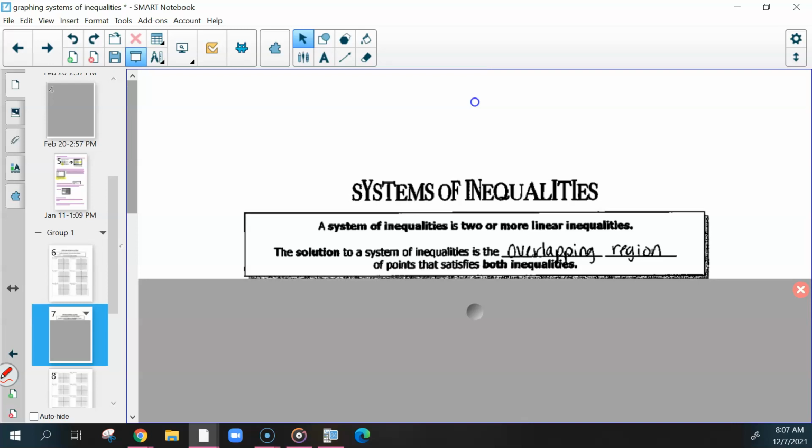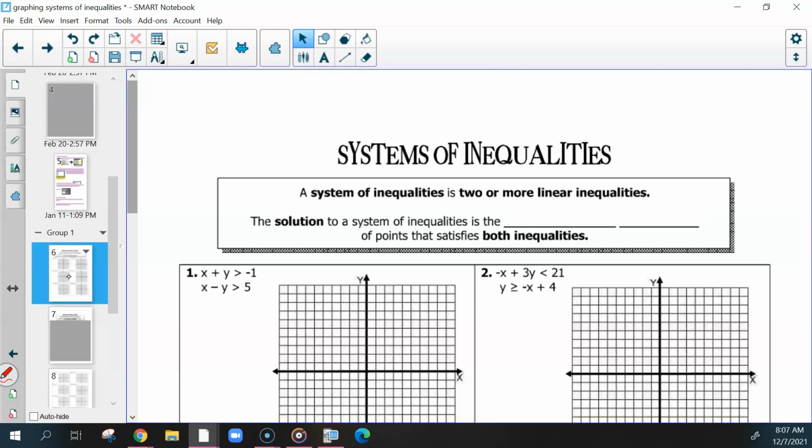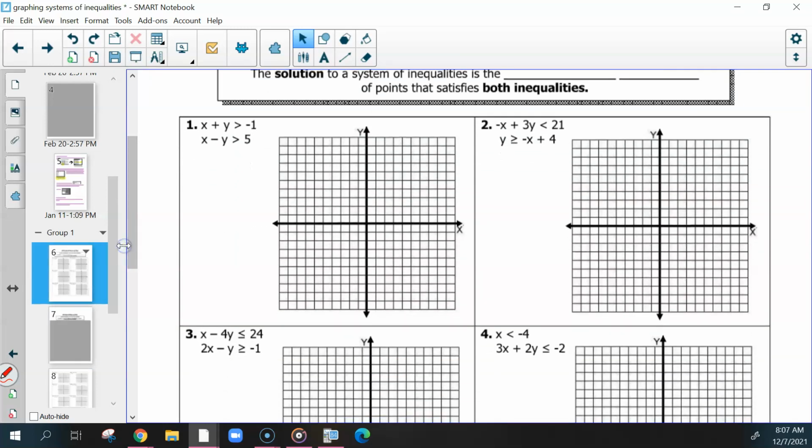We're just going to do number 1 on there. So with number 1, we need to solve both of these.